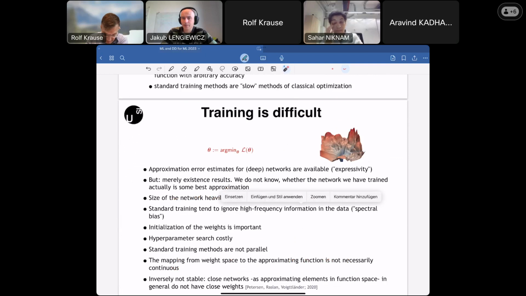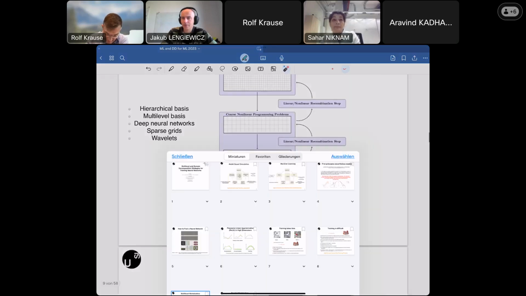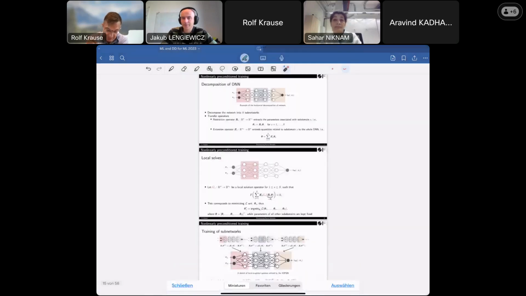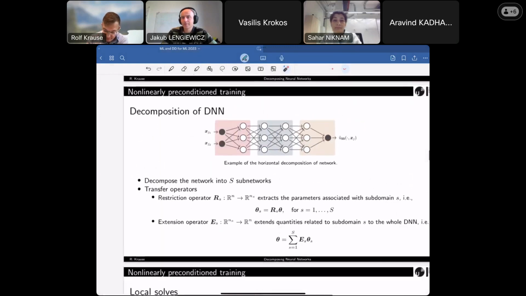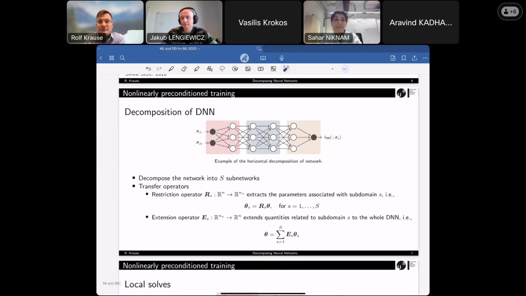Vasilis, I saw that you raised a hand, so if you want, you can continue. Yes, thank you, Jakub, and thank you very much, Rolf, for the presentation. I do have one question. Actually, that's a really nice slide that you have there for my question. You are saying that for the parallelization, you do that at the network level.